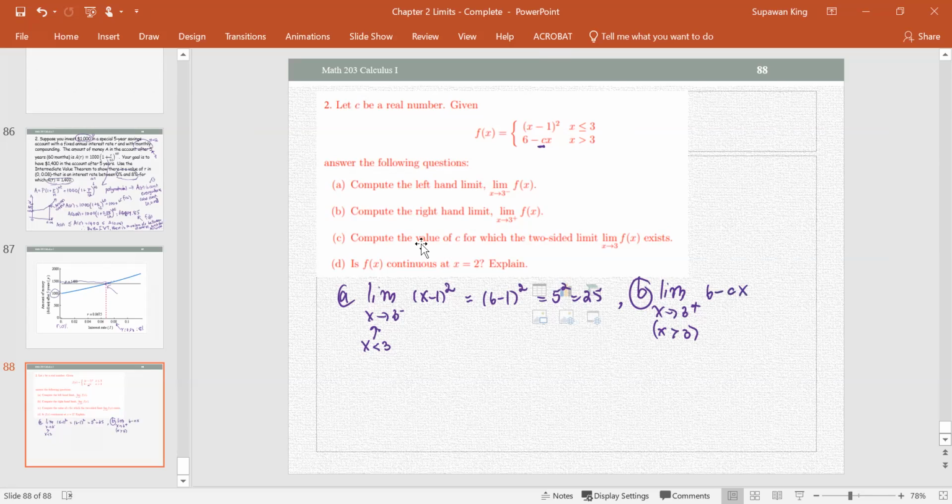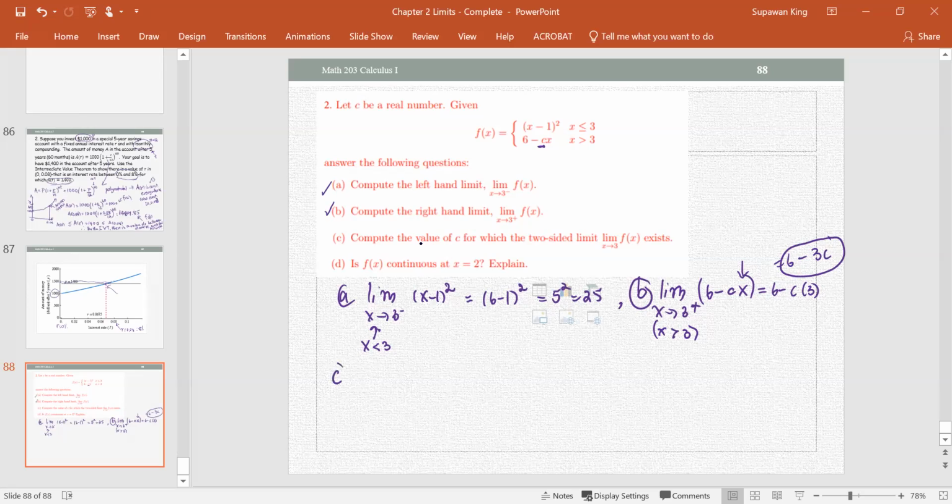Another polynomial, so for part B we just do the direct substitution to get 6 minus c times 3, or 6 minus 3c. C is a real number. Part A done, part B done.